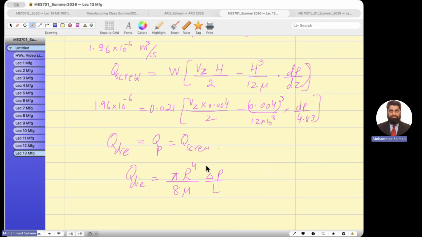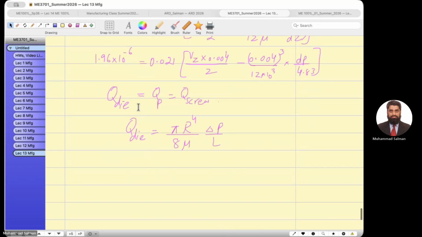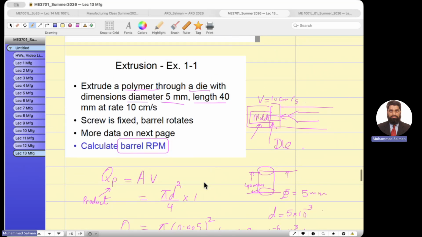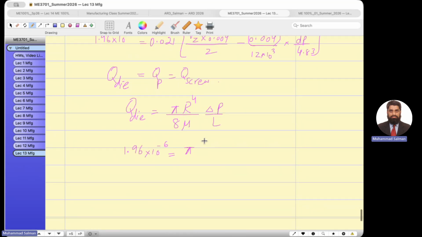Let me write down everything here. 1.96 in 10 to the power negative 6 equals pi. The diameter of the die is 5 millimeters. Agreed. The diameter divided by 2 is the radius, which is 2.5, so I can write 2.5 in 10 to the power negative 3.